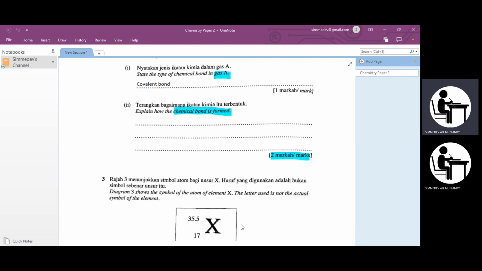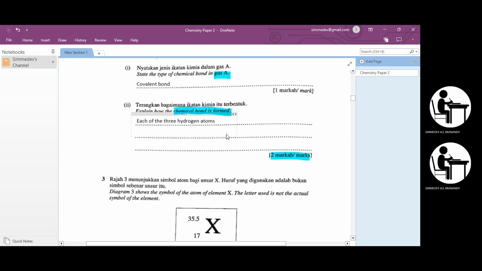So you have to be very specific. Each of the 3 hydrogen atoms contributes 1 electron for sharing.